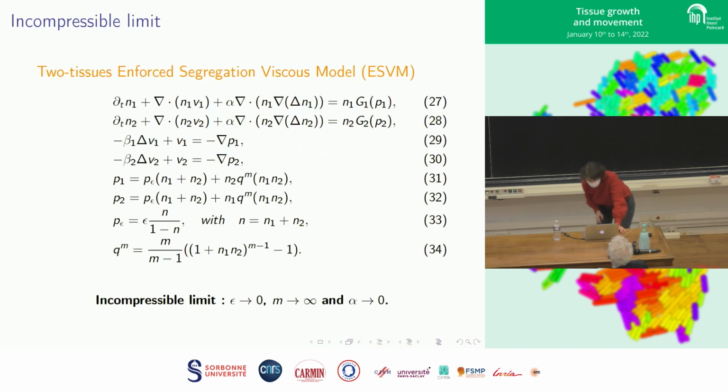The first thing we can do, and here I need to make a little comment. This incompressible limit that I will show you, I will do it completely formally. When it comes to the rigorous limit, the closest that is known at the rigorous level is the case where there is no q, there is no alpha. So since you don't put q, you don't need to put alpha equals 0. And you have the Brinkman law, but in a gradient form.